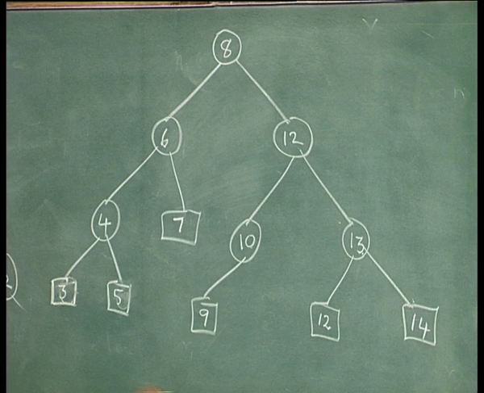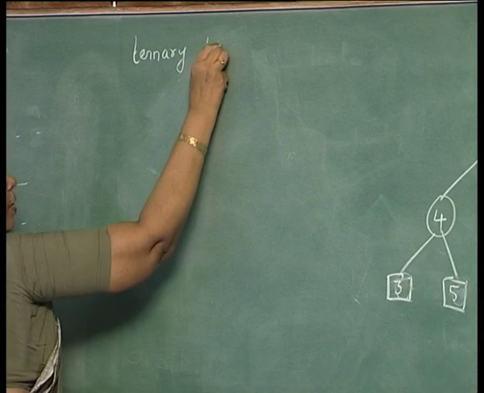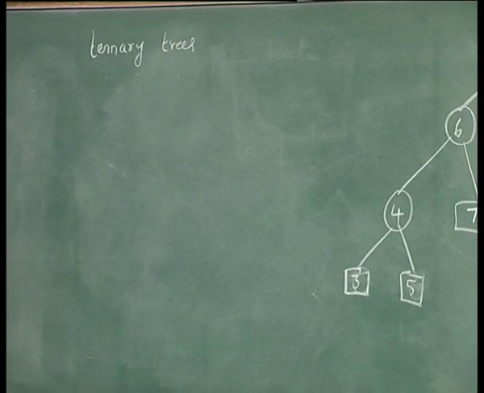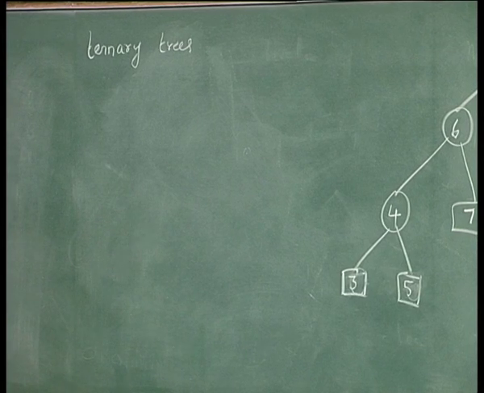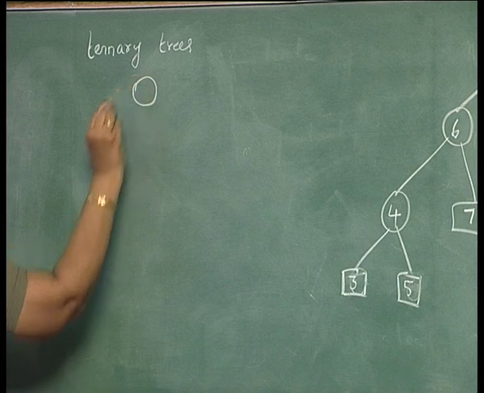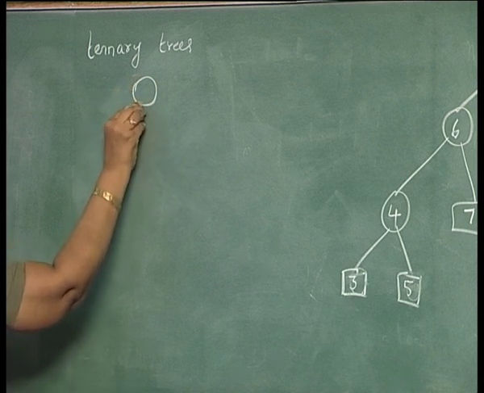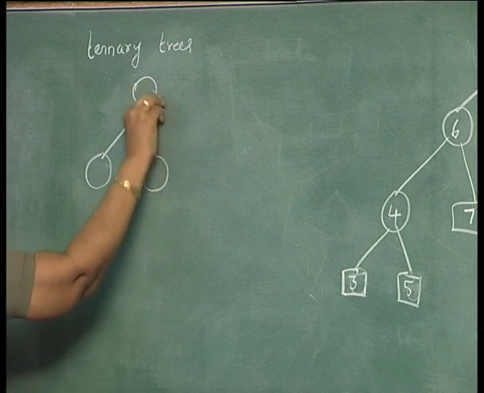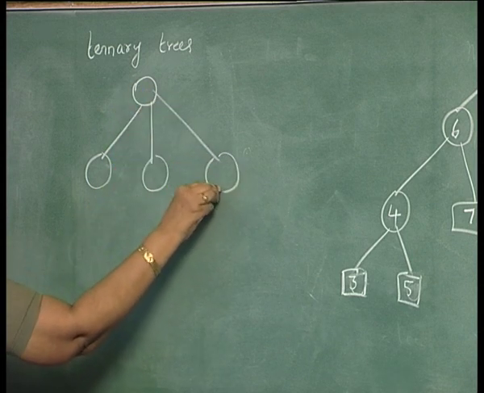These ternary trees are also frequently used. Each node can have 2 or 3 sons. So, here it can have 2 sons or 3 sons.